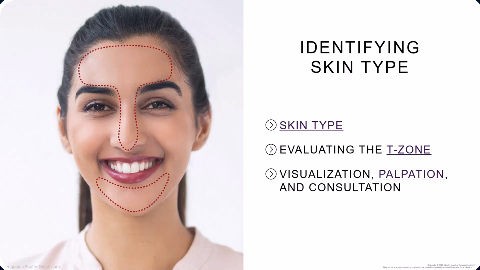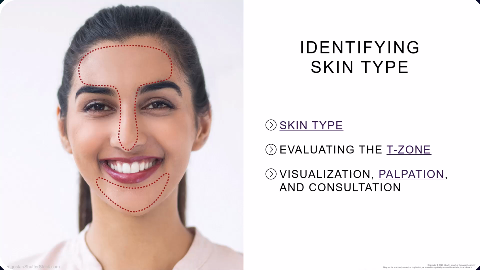So most of the aging population, not all of course, but most, start to have drier skin. Skin type is also based on how much oil is produced in the follicles from the sebaceous glands and the amount of lipids found between the cells. So skin type itself is based on oil production or lack of oil production.